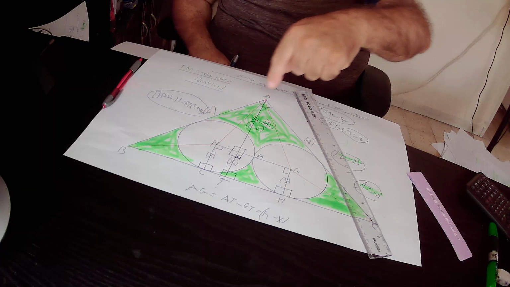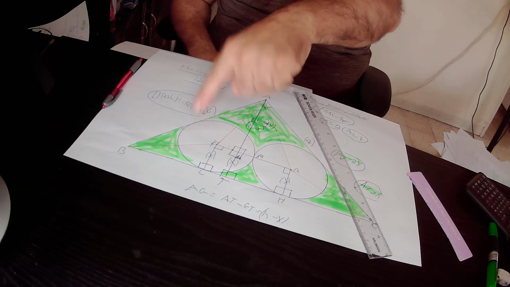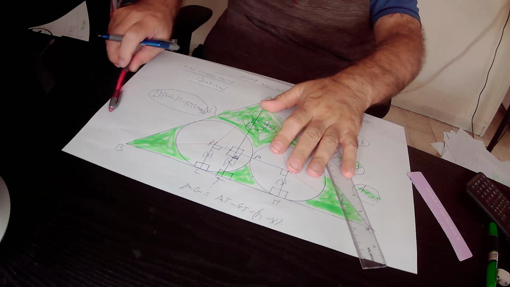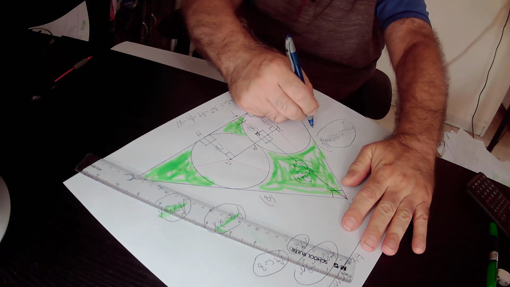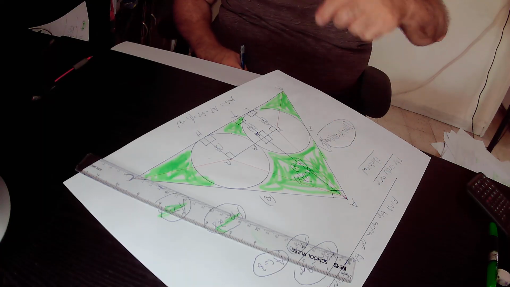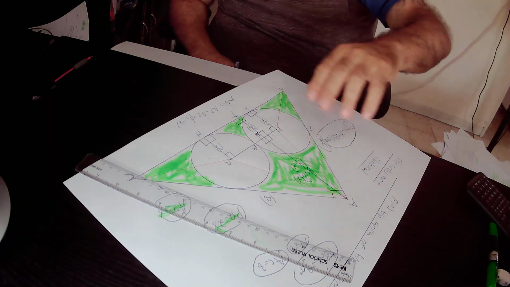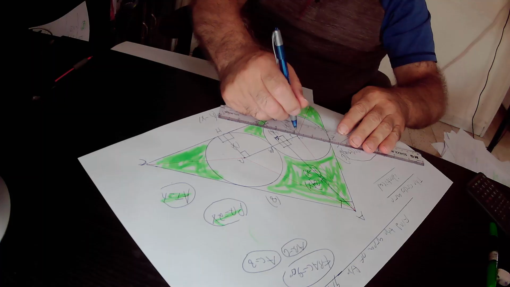We define the point of tangency of tangent AB with this circle. This point is point Z. And we join points P and Z together by a straight line. PZ is of course the radius of the circle, equal to x.